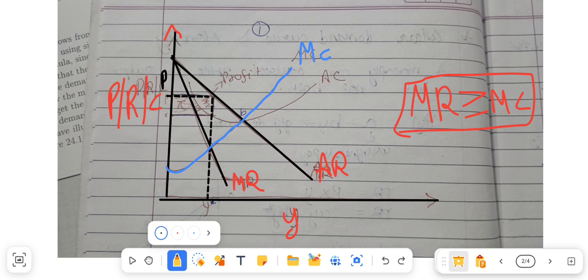Now we know that the monopolist must be producing his commodity or output at a cost. So the next step is making an average cost curve. I am making the average cost curve with red color, so it is AC.